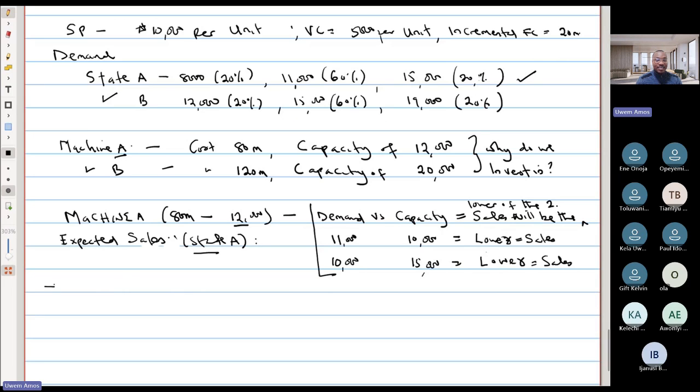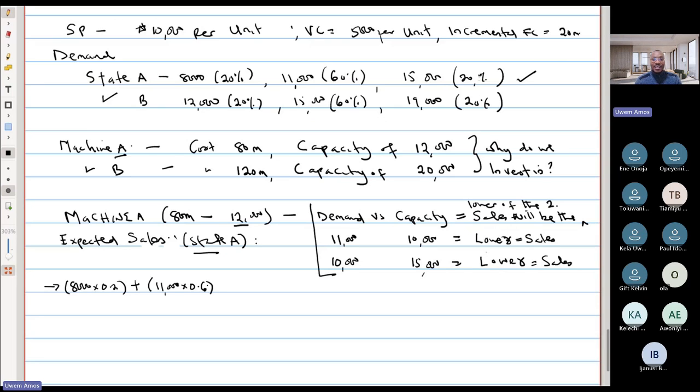For state A, 8,000 versus 12,000. The lower one is 8,000, and the probability of 8,000 is 20%, which is 0.2. Plus 11,000 versus 12,000. The lower is 11,000. The probability is 60%, which is 0.6.